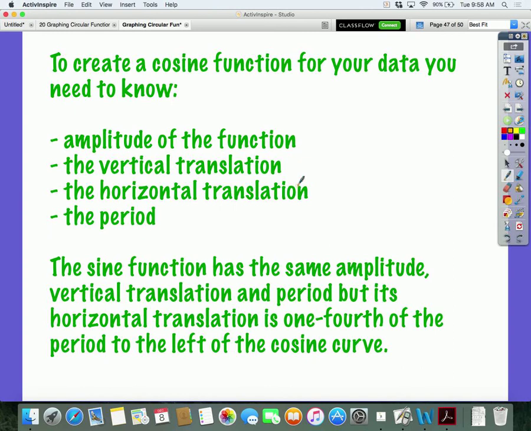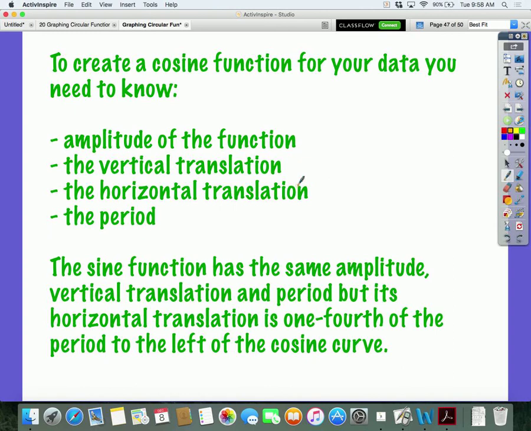Now, if you have to model a sine function, okay, realize that sine functions have the same amplitude, vertical shift, and period. However, the horizontal translation is 1/4 of the period to the left of the cosine curve. Okay? So if you find a cosine function to model your data, and they want you to also write a sine function, then basically your amplitude, vertical shift, and period all stay the same.